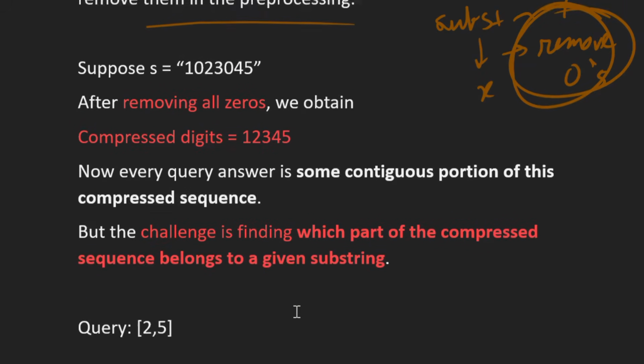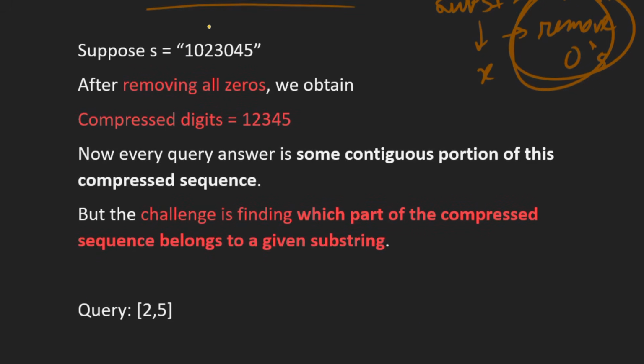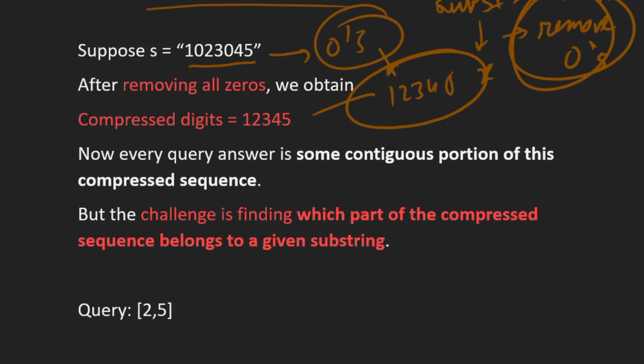Let's suppose we have this string, 1023043045. Now if we remove all the zeros from this string, we get 12345. We call this the compressed digits.